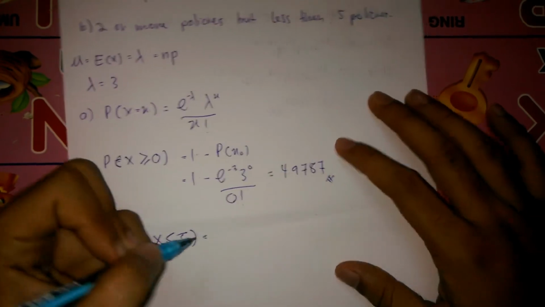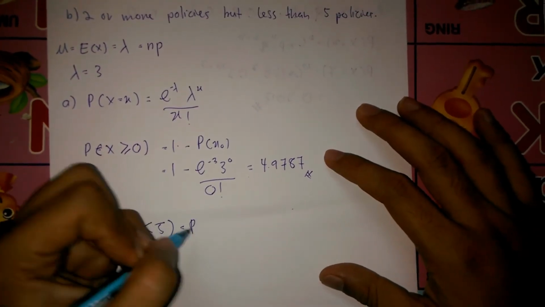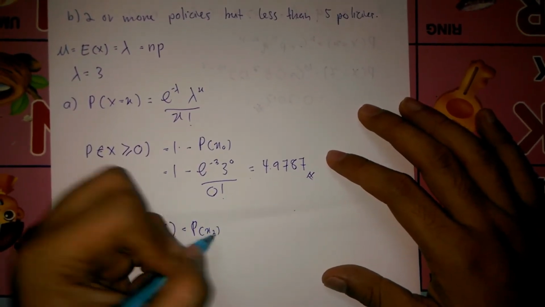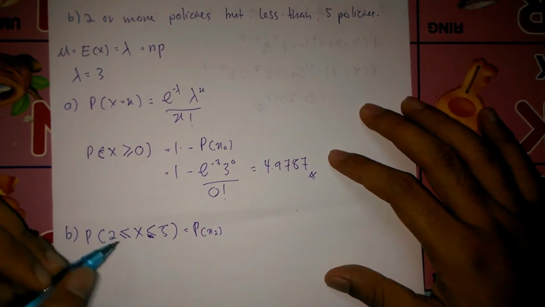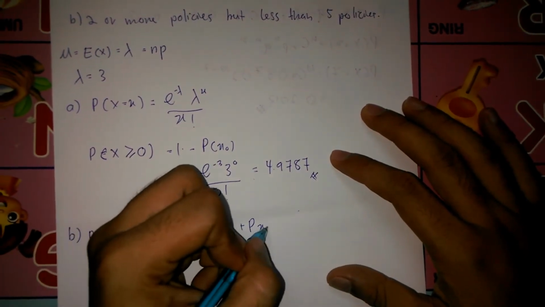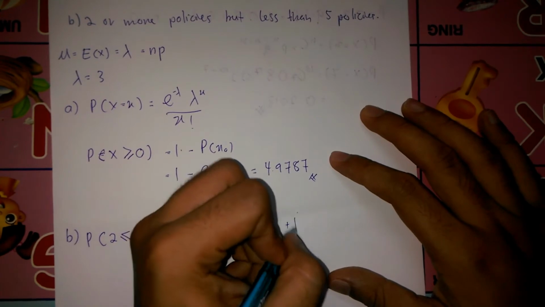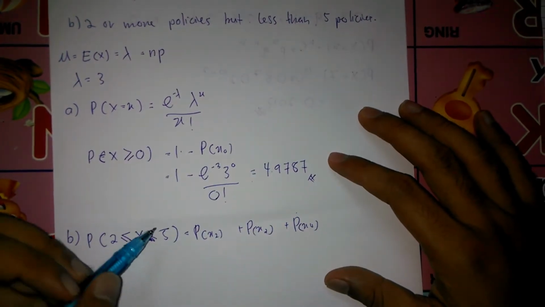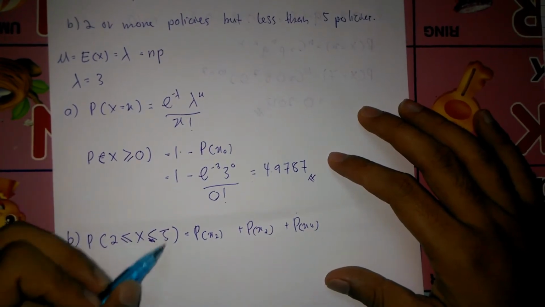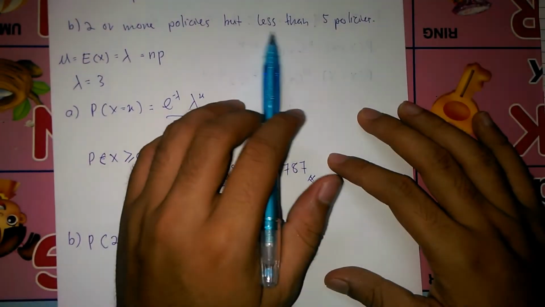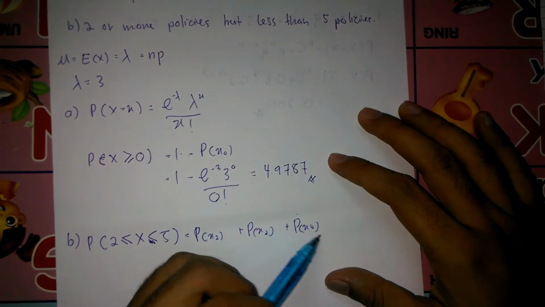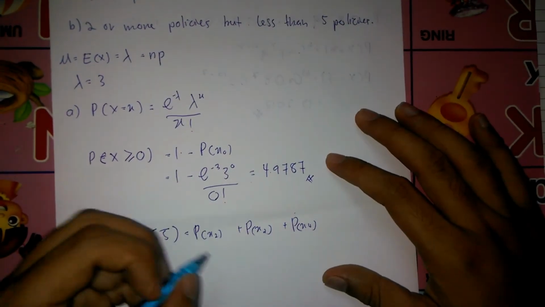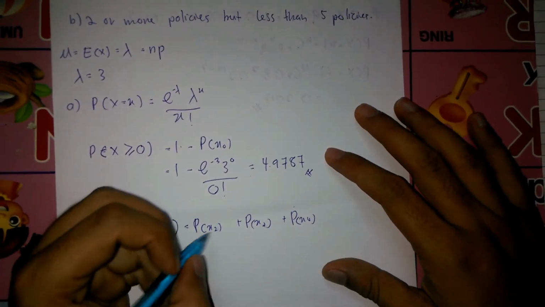So we add P of x equals 2 plus P of x equals 3 plus P of x equals 4. But because it does not say equal to 5, we don't need P of x equals 5.